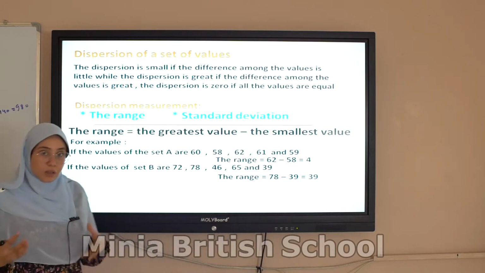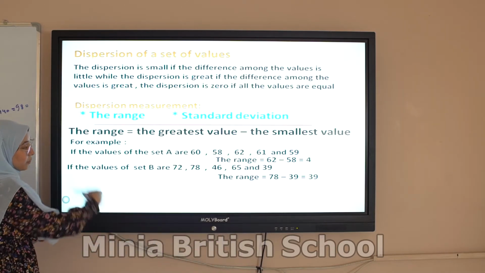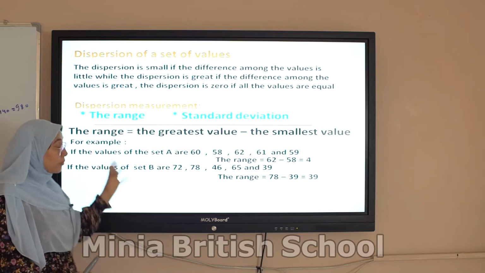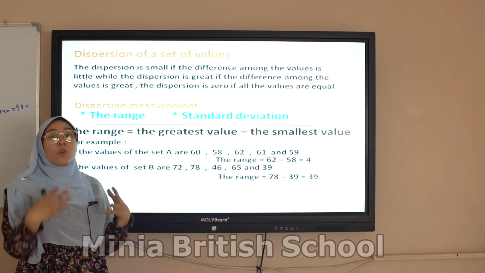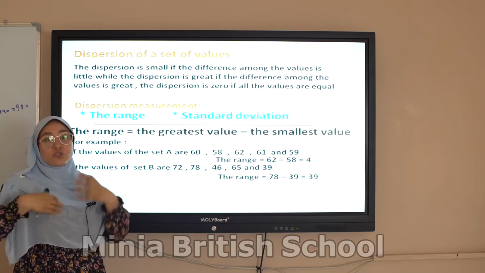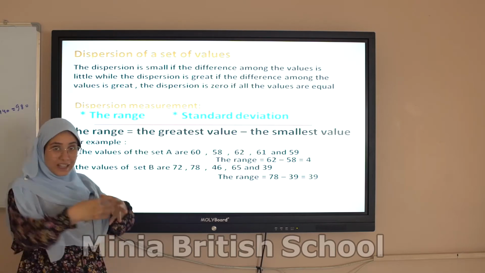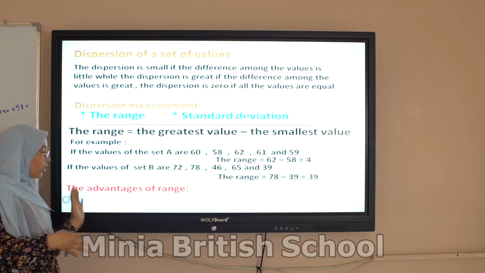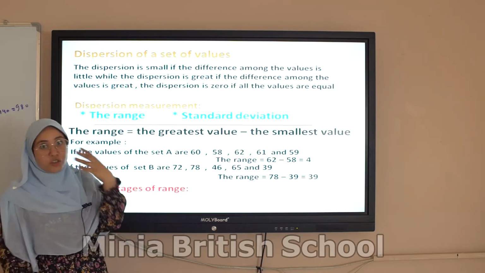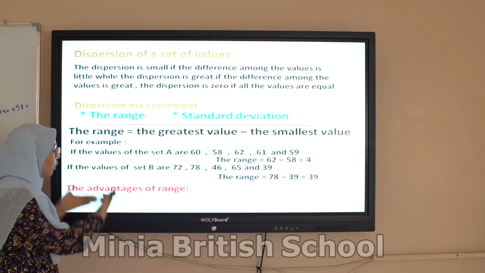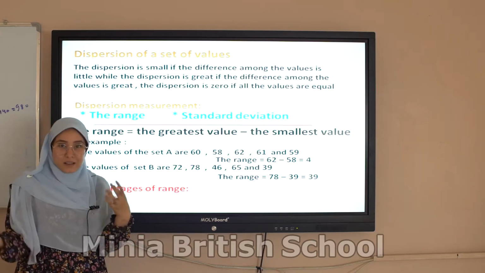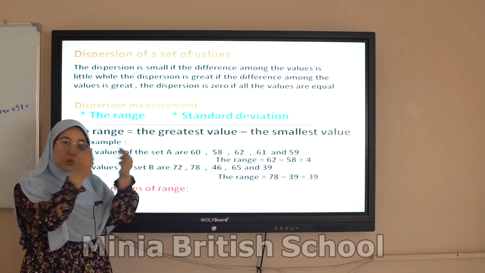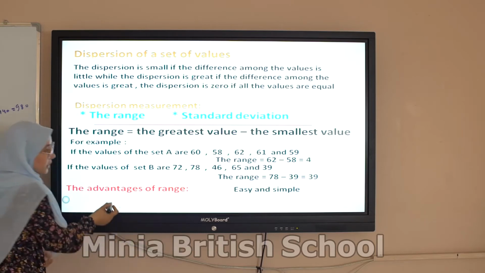We know something, okay? The values of set P are more divergent than set A, okay? So, I have some advantages and disadvantages of the range. The advantages of the range is that it is simple and easy. It's an easy rule, okay, simple and easy.